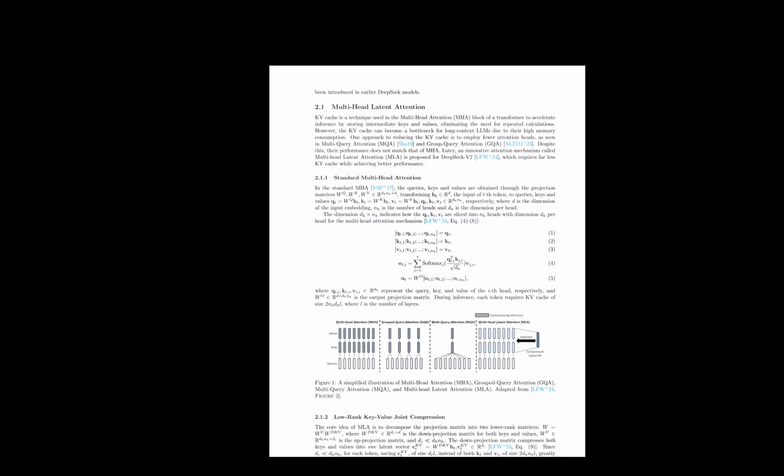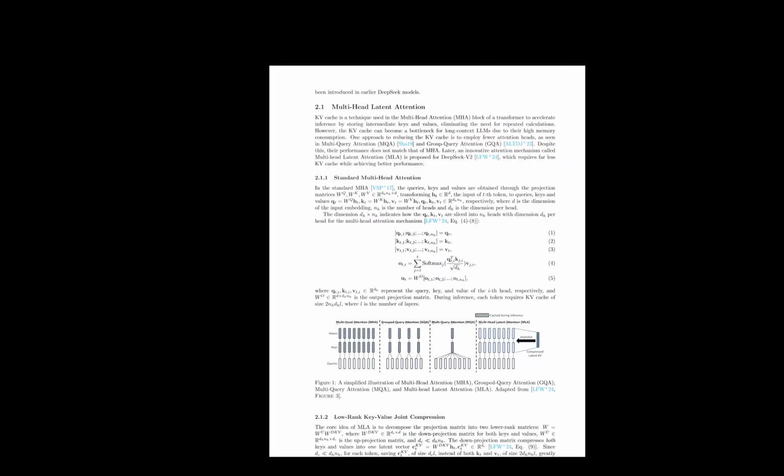2.1.2 Low-rank key-value joint compression. The core idea of MLA is to decompose the projection matrix into two lower-rank matrices, W = W^UW^DKV, where W^DKV ∈ R^(d_c×d) is the down projection matrix for both keys and values, W^U ∈ R^(d_h·n_h×d_c) is the up projection matrix, and d_c ≪ d_h·n_h.